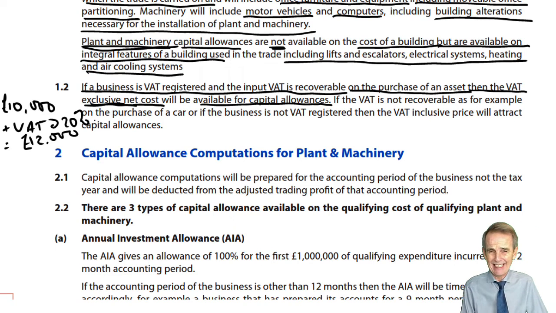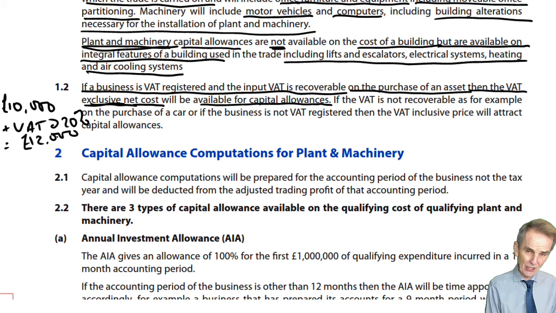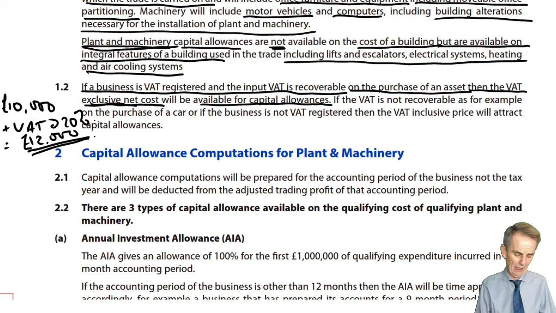Now, most businesses will be VAT registered. So when a business that is VAT registered buys from another VAT registered business this item of plant that had a VAT-inclusive cost of £12,000, we would only put the £10,000 into the capital allowances computation. The other £2,000 worth of VAT cost incurred will be recoverable through the VAT system.